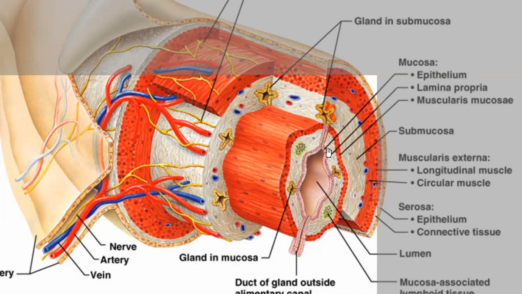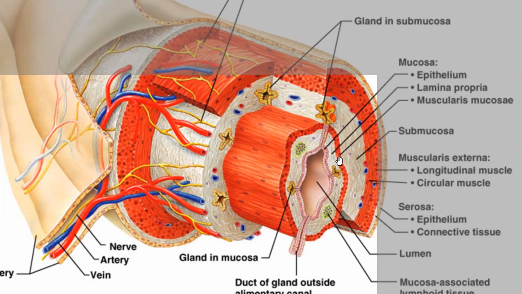Under this epithelial lining, we have lamina propria. Remember, areolar connective tissue functions as glue to glue different types of cells together. So the lamina propria is made by areolar connective tissue.